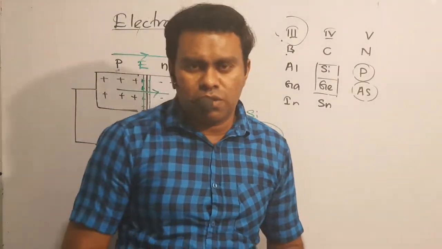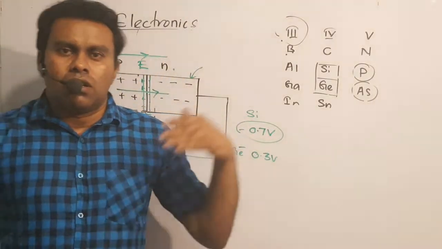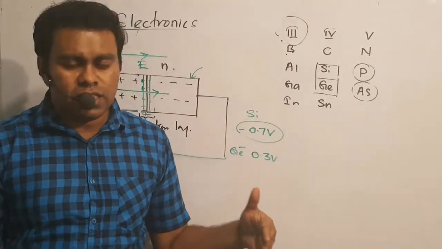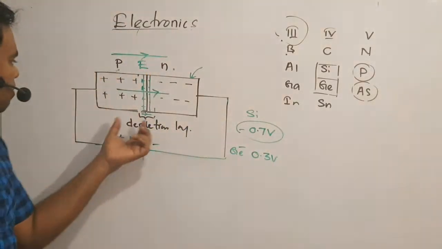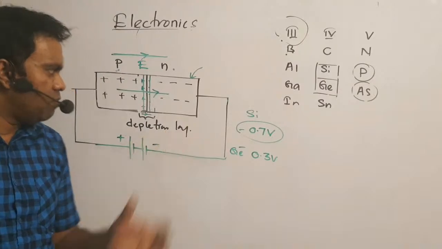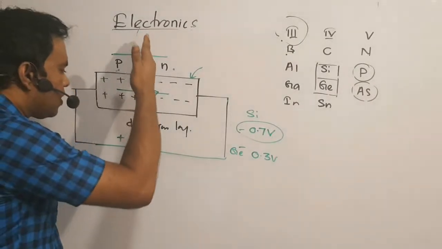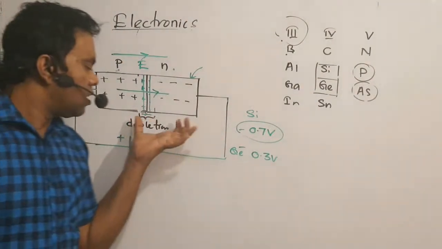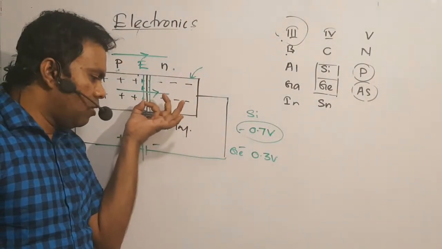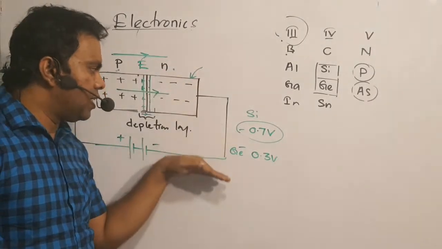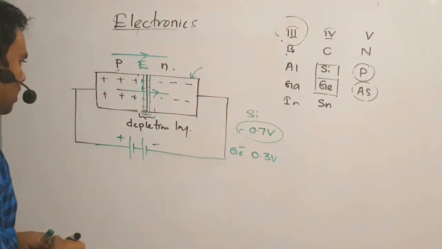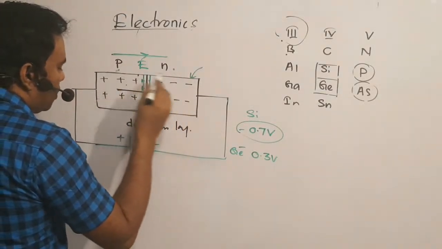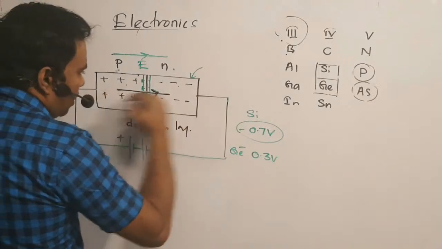If asked what it means for a diode to be forward biased, how do you answer? When a diode is forward biased, the depletion layer becomes narrow and then the potential barrier decreases. පියවර දෙකකින් කියන්න පුළුවන්. Depletion layer becomes narrow, potential barrier decreases. As a result of that, the diode allows an electric current to flow from positive to negative or P to N. current එකක් යනවා.